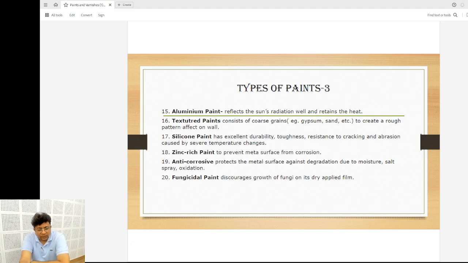To protect the metal surfaces from corrosion, we can use zinc rich paints. Anti-corrosive paints are there, which protect the metal surface against degradation due to moisture, soil spray, and oxidation. Fungicidal paints are there to discourage growth of fungi on their dry applied film.